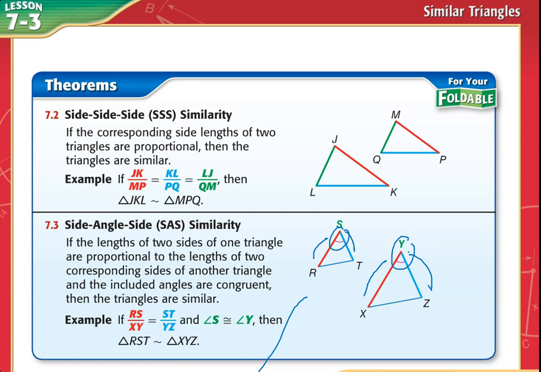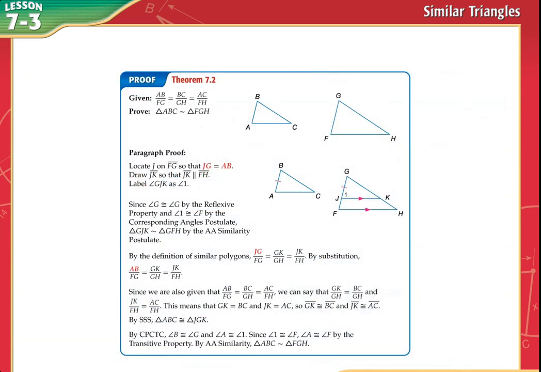So then the two triangles are similar. They also could be congruent, but there's no guarantee. And here's the proof of theorem 7.2. You can pause the video if you like and go through this, but you will not have to perform this proof.